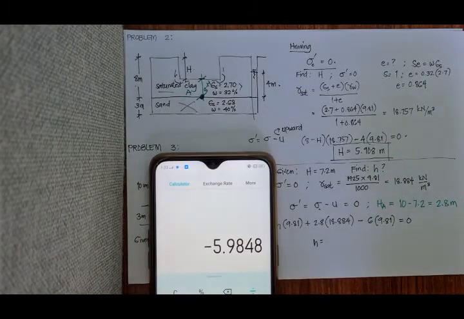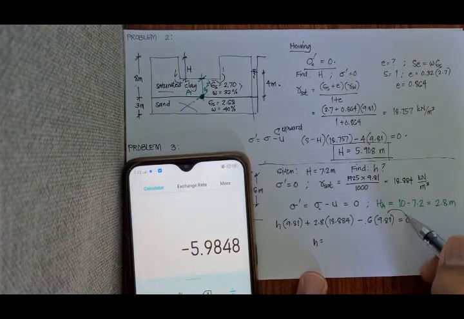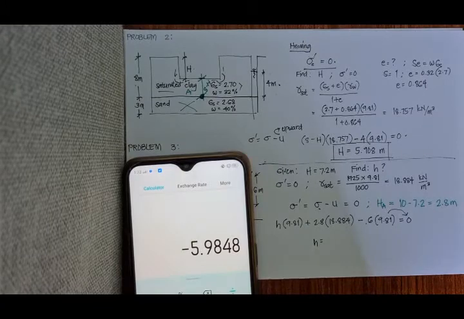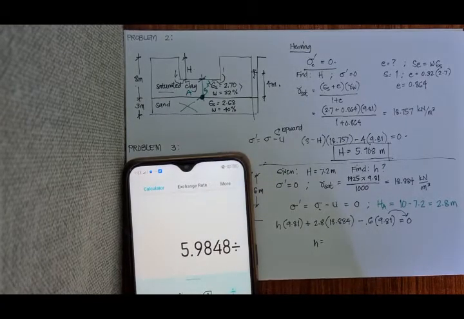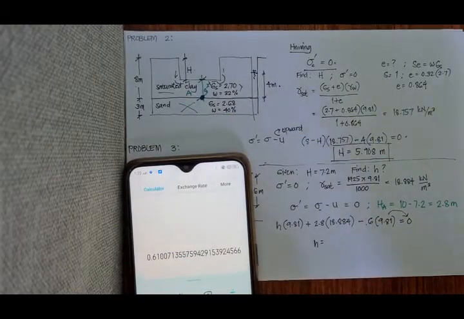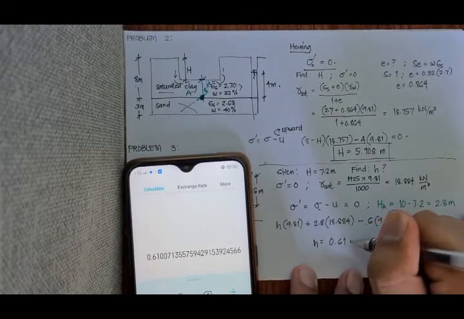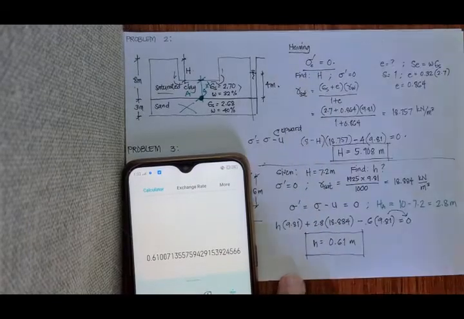So, negative 5 siya. Since ita-transpose naman natin sa kabila yung magiging result, so, positive lang. Magiging 5.9848 divided by 9.81. So, ang height natin na required is 0.61 meters. Yan ngayon yung limit ng water height natin.